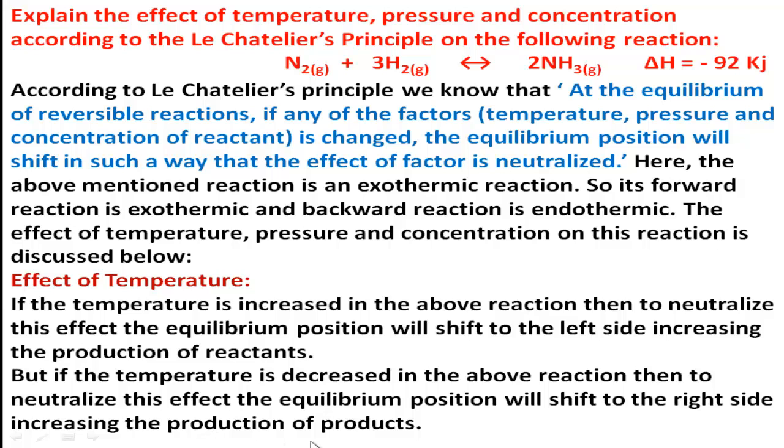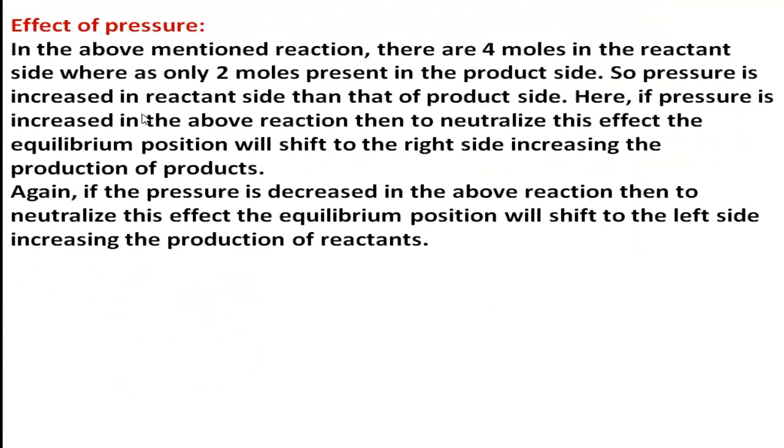So to get maximum product, the temperature should be decreased. And for pressure, if pressure is increased, then the equilibrium position shifts to the right side, which means the amount of products will be increased.